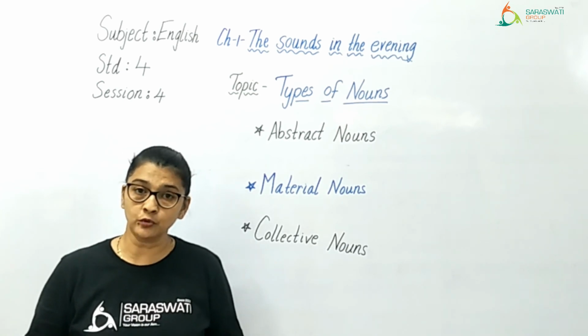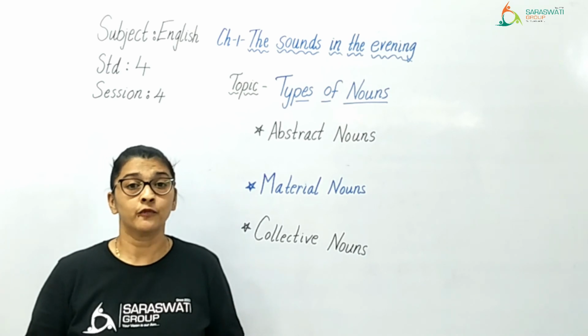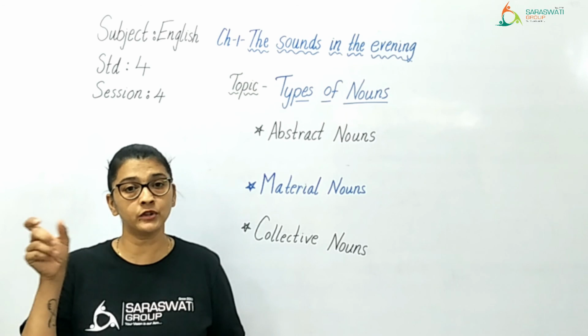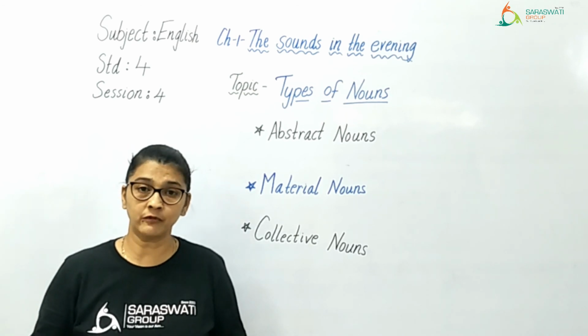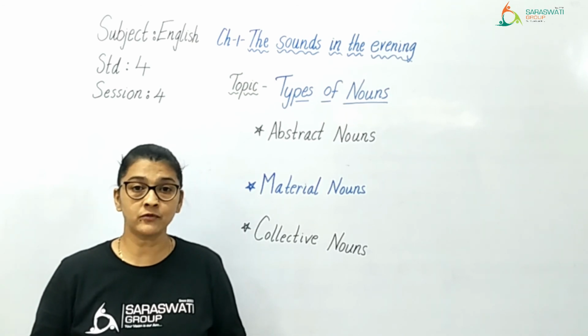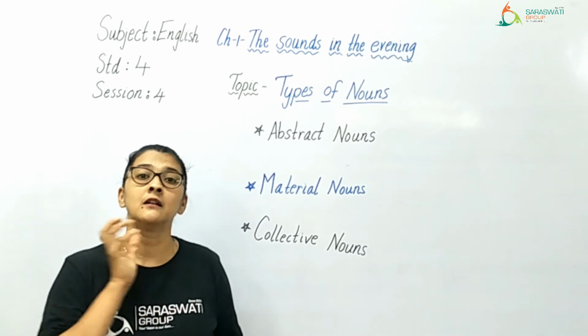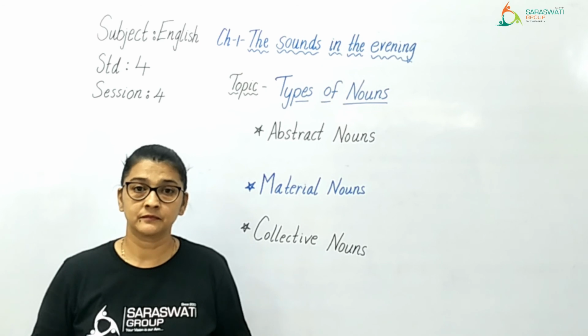In question number 2, you will get fill in the blanks. Some blanks will be given, and along with each blank, options will be given. You will have to select the correct option from the box and fill in the blank.